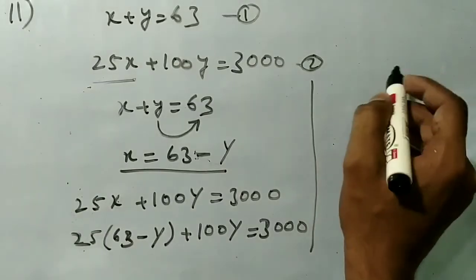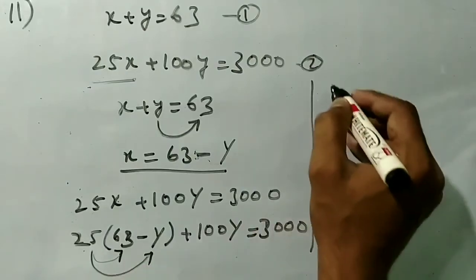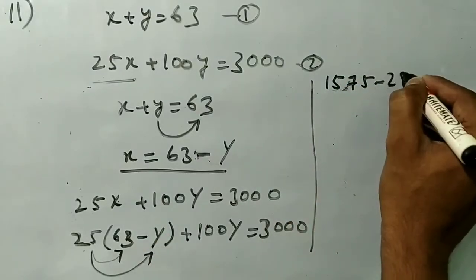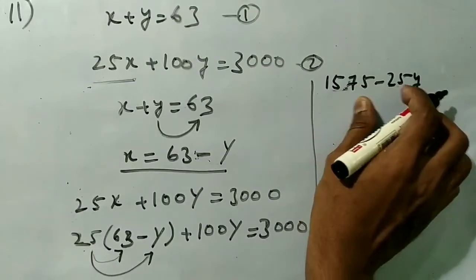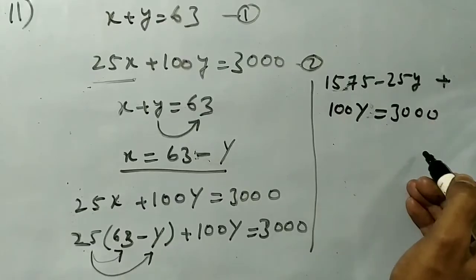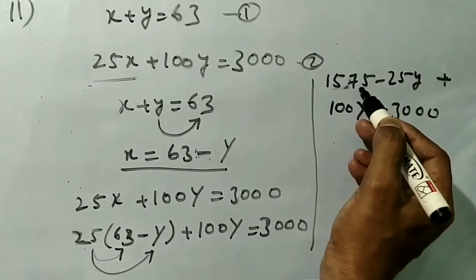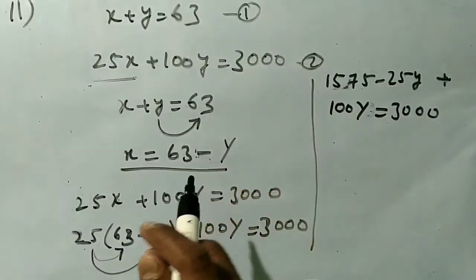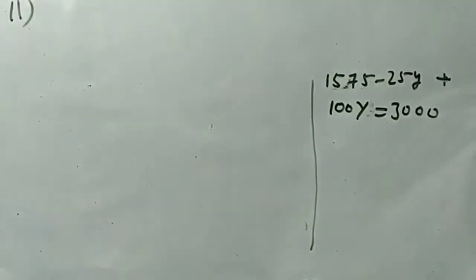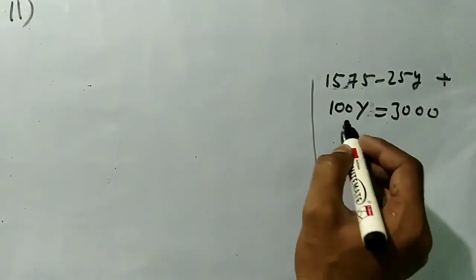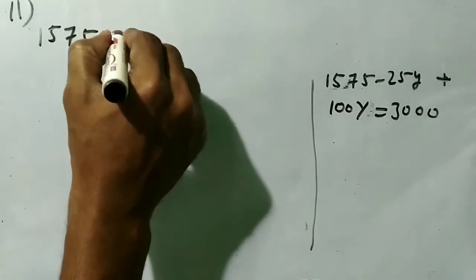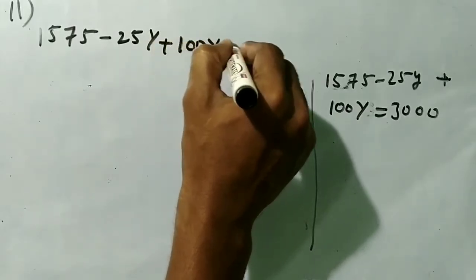So 1575 minus 25y plus 100y is equal to 3000.